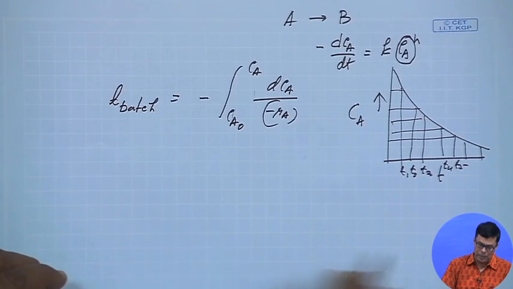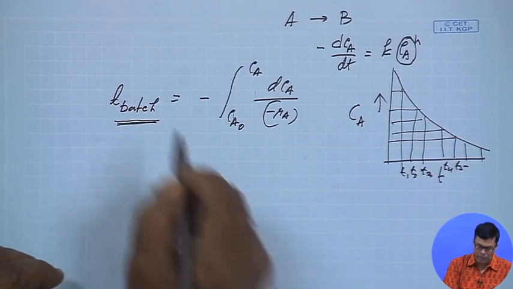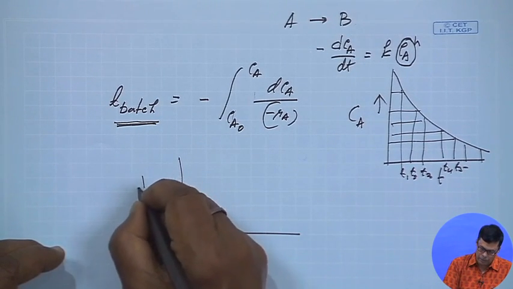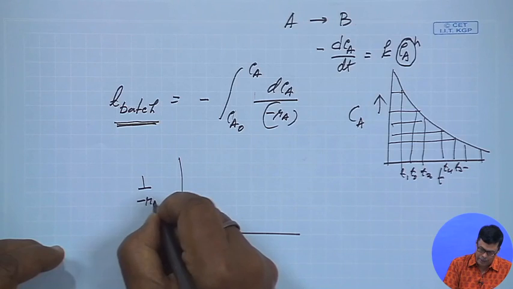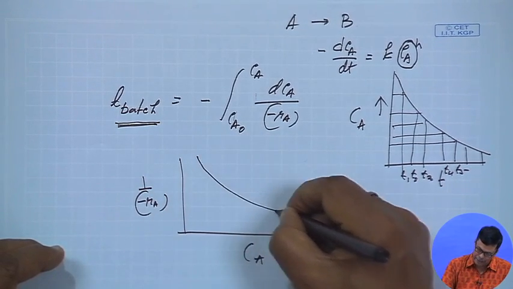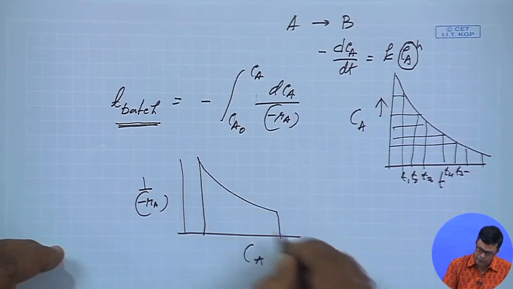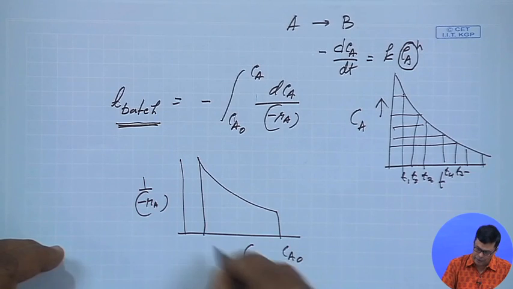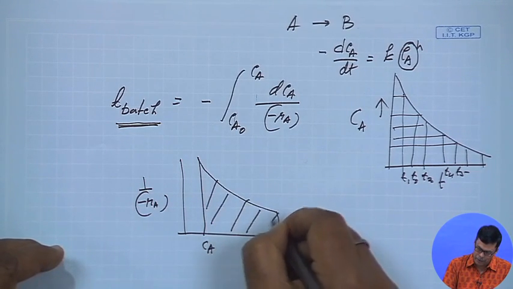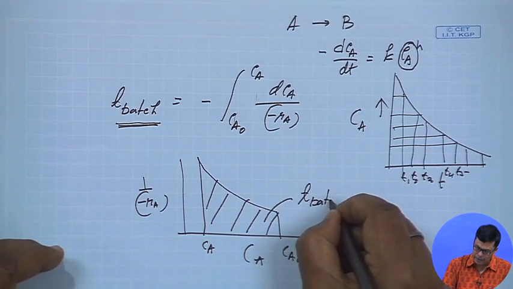So, the question comes, how can we find out the time of the batch process? We can plot 1 by Ra against Ca. If the correlation is like this, with Ca0 here and Ca here, then the area under this curve is considered as the T batch.